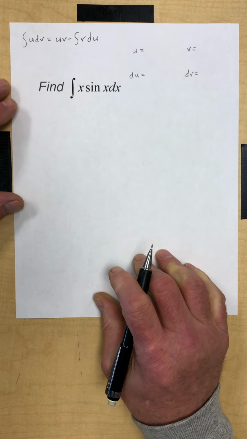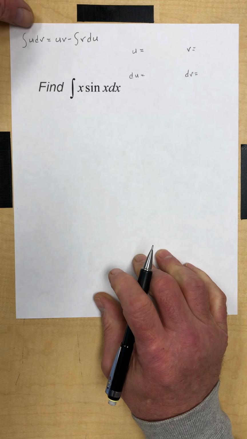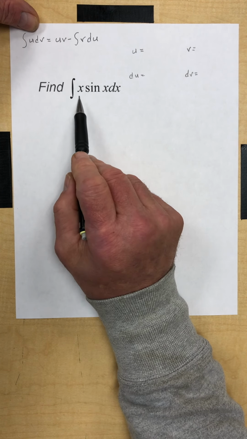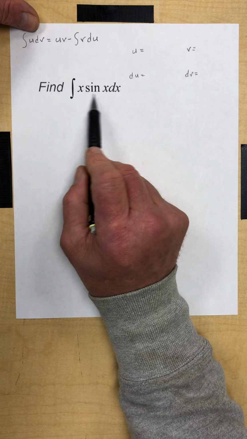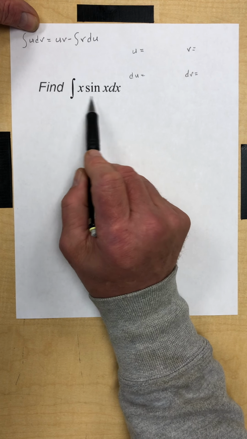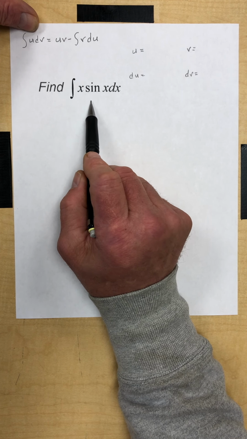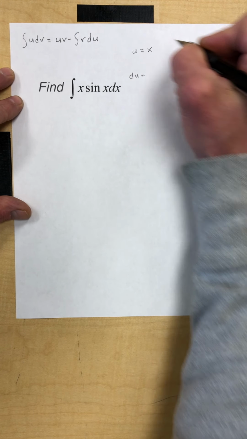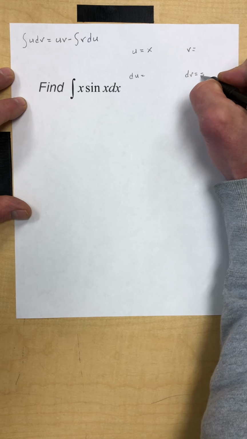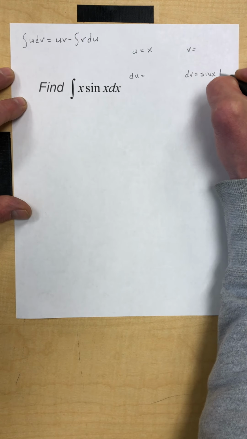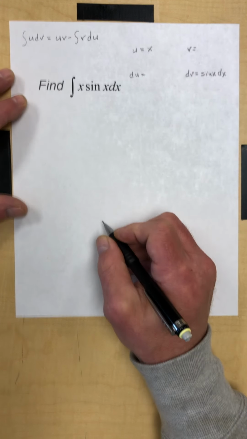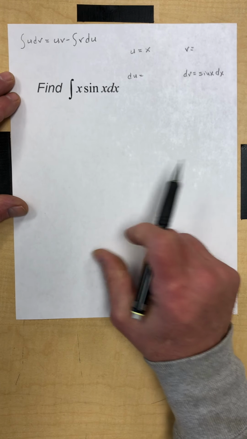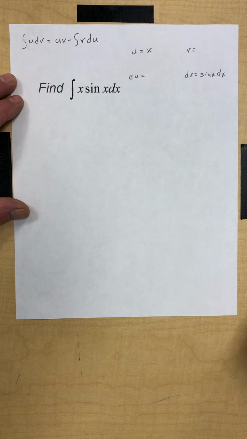Going back up to the formula, x and sine of x are my two functions, so one has to be u and one has to be dv. It works if you put x with the u and sine of x dx with the dv. If you switch those two, it won't work out, so it matters which one's which.